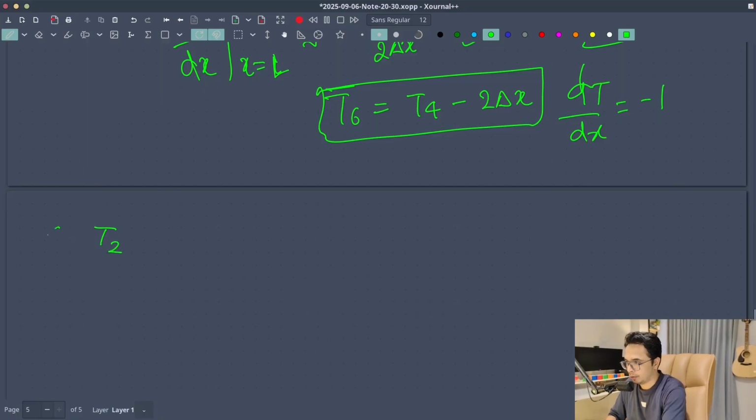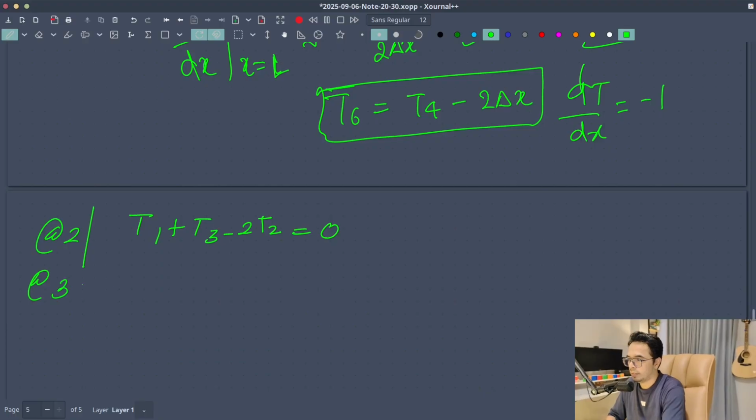At the node 2, we have the equation based on the central differencing scheme that we were applying before, which is T1 plus T3 minus 2T2 is equal to 0.